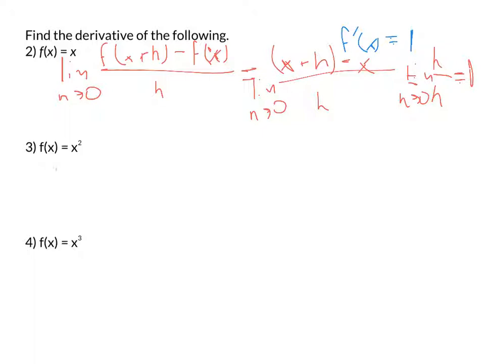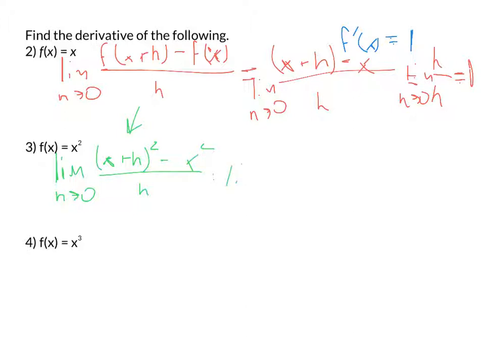So the limit as h approaches 0, and I'll just use this definition again here. Instead of x, we put in x plus h. So x plus h squared minus x squared all over h.